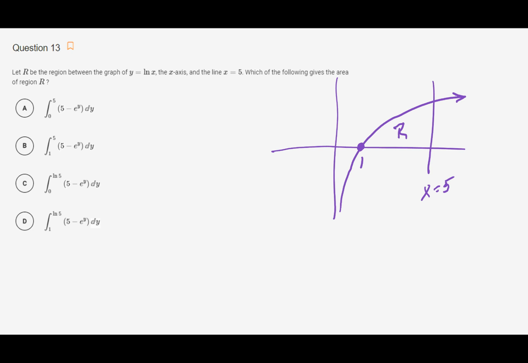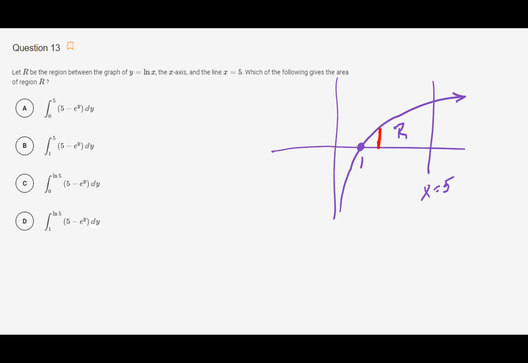This is a no calculator question, so they're going to expect you to know what the graph of natural log of x is. The graph of natural log of x always goes through the point 1, 0. So as soon as I looked at it, I would say I'm just trying to figure out all of these rectangles, and I'm going to integrate from 1 to 5.